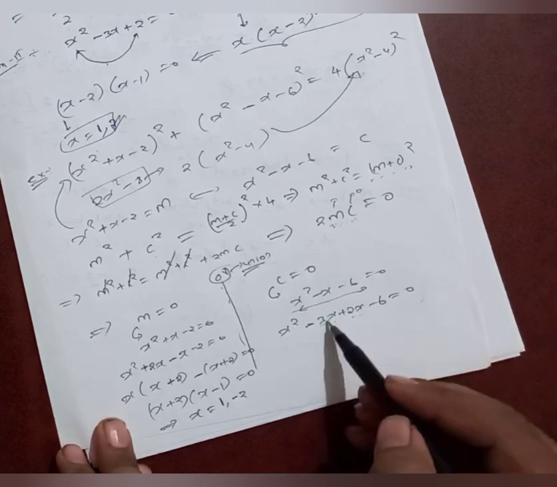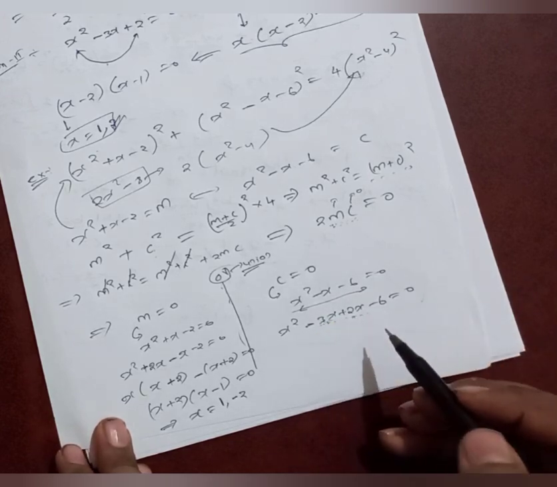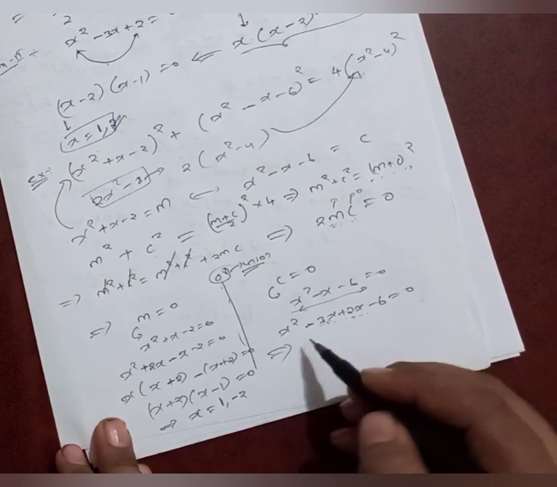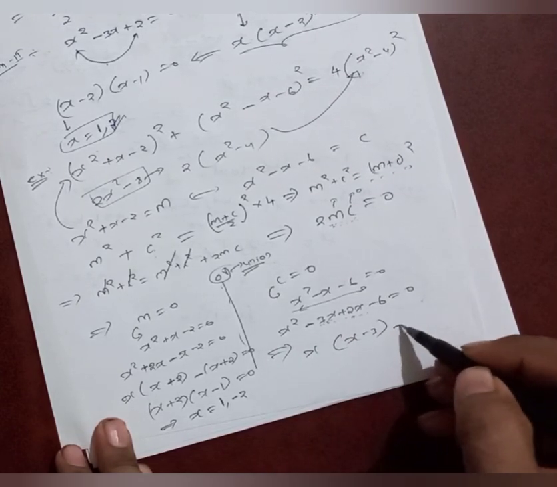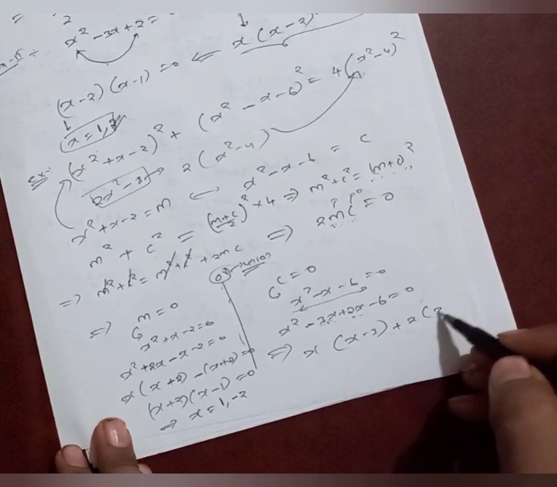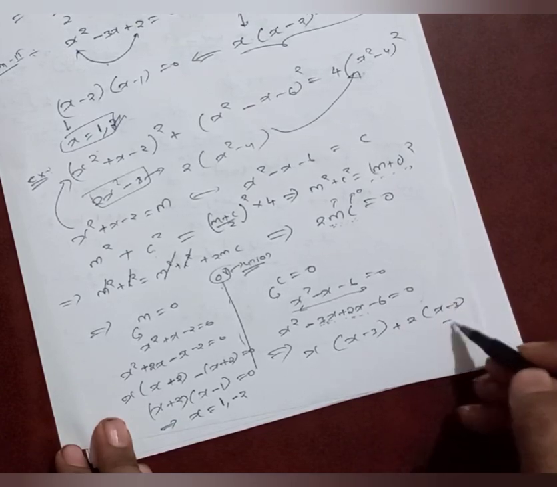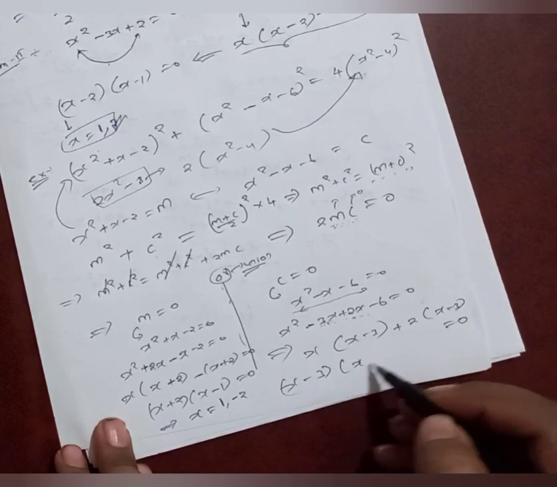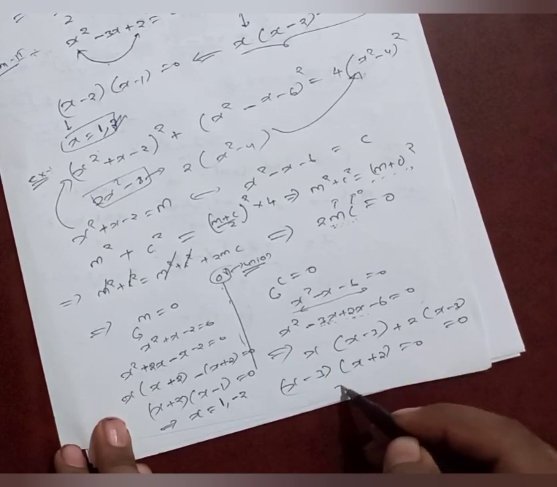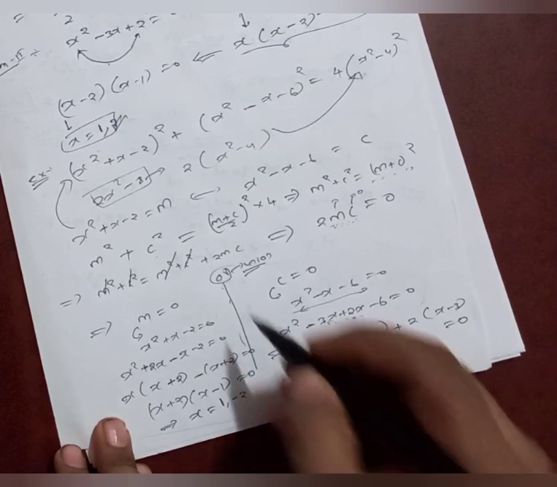Let us check this: −3x into 2x is nothing but −6x². From this I can take x as common to get x(x − 3), and from the rest I can take 2 as common to get 2(x − 3) = 0. From this I take x − 3 as common, which gives me (x − 3)(x + 2) = 0, which gives me x = 3, −2.